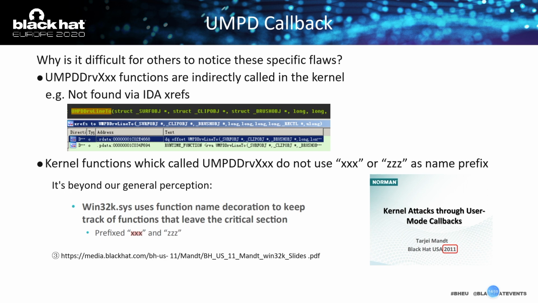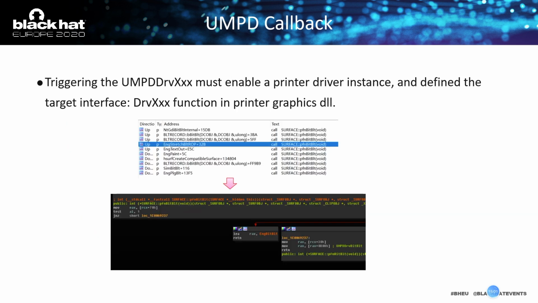The third reason, we need to meet certain conditions for triggering the UMPD driver functions. If the thread is not a UMPD thread, or if our code has not implemented the specific driver interface function, the graphic kernel will not execute the UMPD driver function.